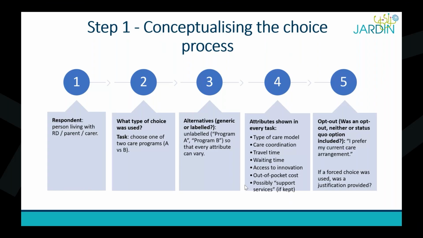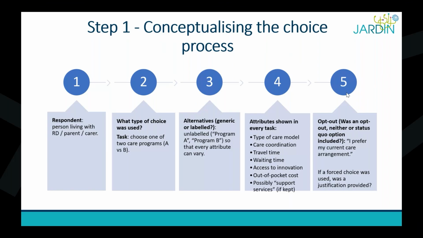Whereas in the case of labeled design, if I ask you to choose between transport A and B, that is called unlabeled design. I can call it option 1 and option 2 in terms of transport. I can call it transport 1 and 2. And then having these kind of labels of the alternatives does not really affect choices. But if I ask you to choose between bus versus train, then there is a label here. So the label could affect your choices. So we need to decide, are we providing unlabeled alternative or labeled alternative?